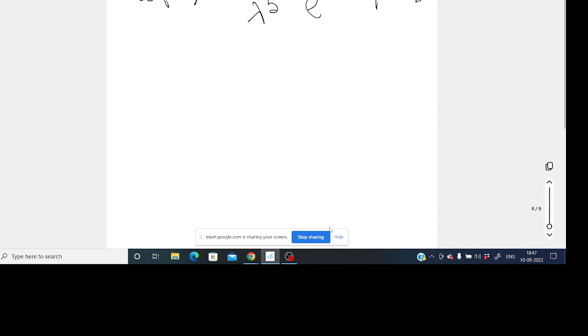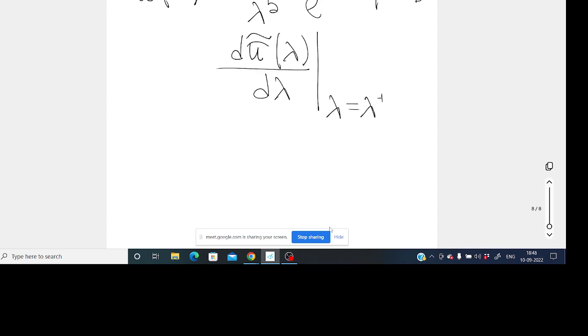Okay. Now let's find out the maximum of this thing. I mean the value of lambda for which this quantity is maximum. Okay. For that we need to differentiate it with respect to lambda. Okay, this is the condition of finding the maximum of this quantity u.